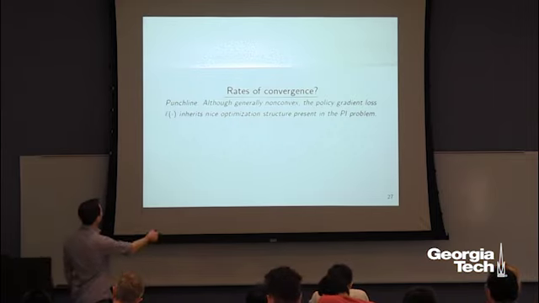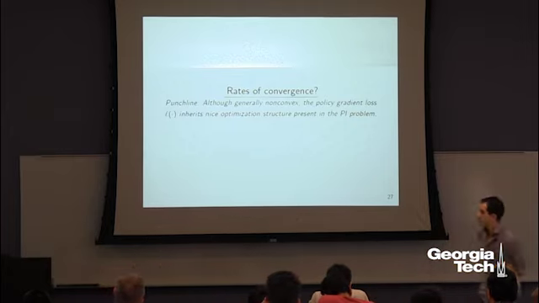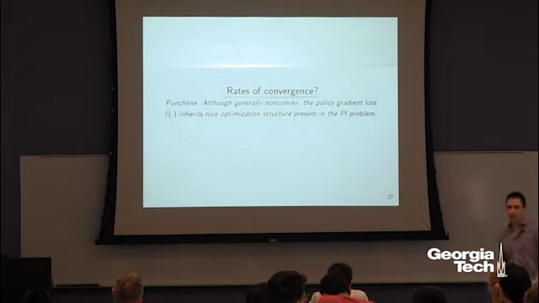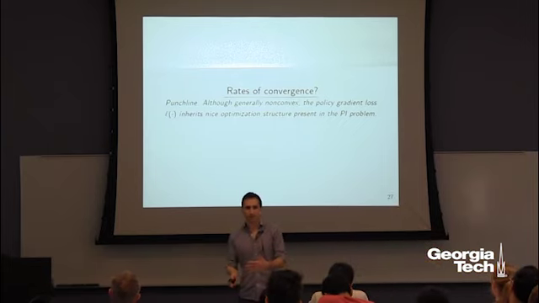Now, the last thing we do in the paper, and I'll just flash it before we break up, is this. It's natural to ask, okay, any stationary point is a global optimum under certain conditions, but do you get to that stationary point at a reasonable rate?